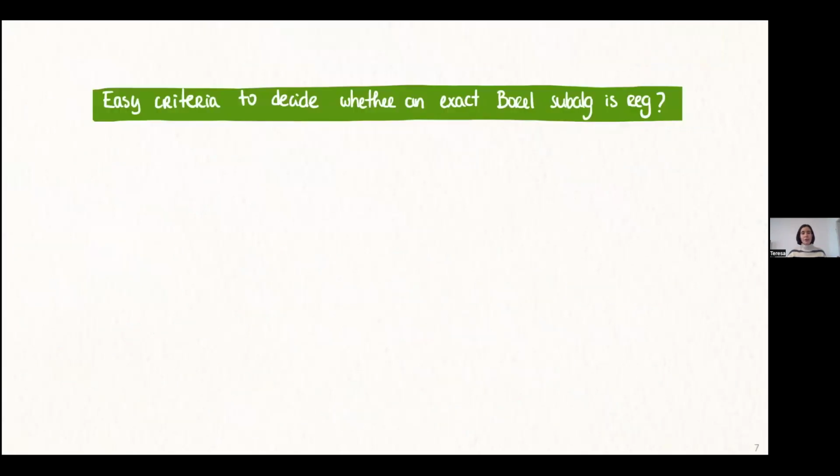We have seen before that it's hard to check whether an exact Borel subalgebra is regular. One would have to verify that all these Ext groups are isomorphic for n equal to or greater than 1. So this prompts the question whether there is some easy criterion to decide if an exact Borel subalgebra is regular.